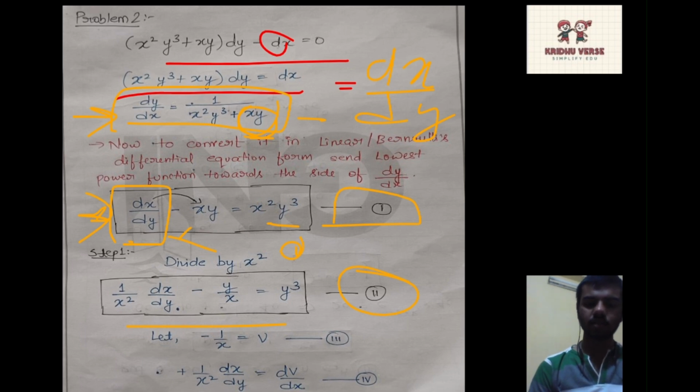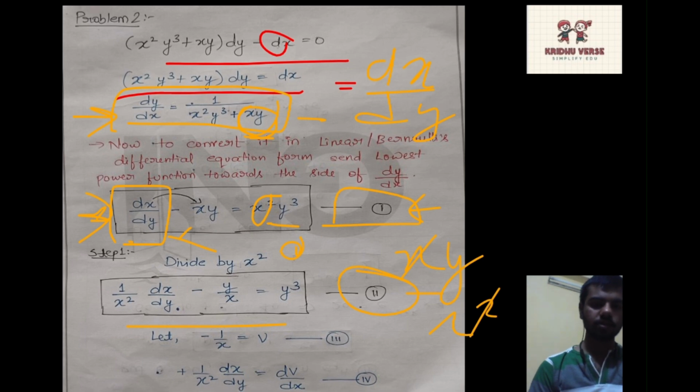We divided by x square in equation number 1. So 1 by x square dx over dy became minus x over y, means minus x over y minus xy present over x square. Now this x will cut with x square, so we get minus y by x equal to y cube, because here x square is present and that x square got cut.